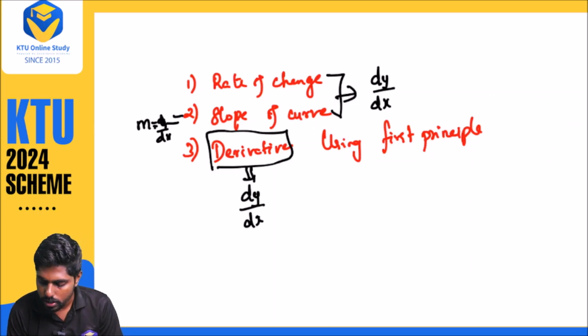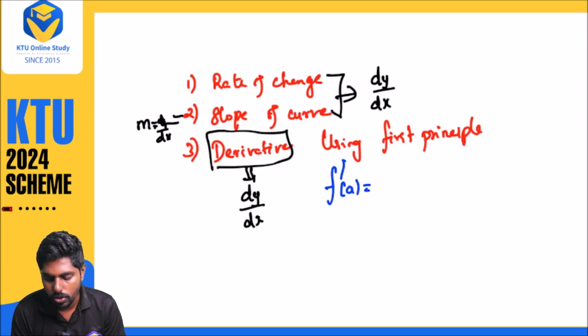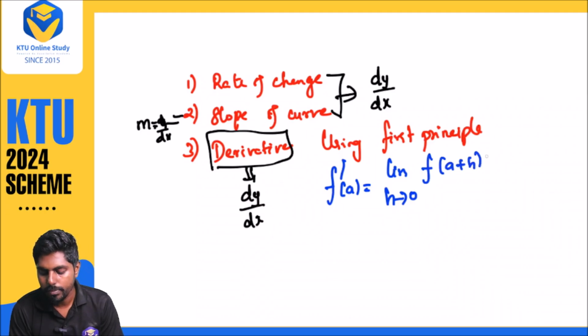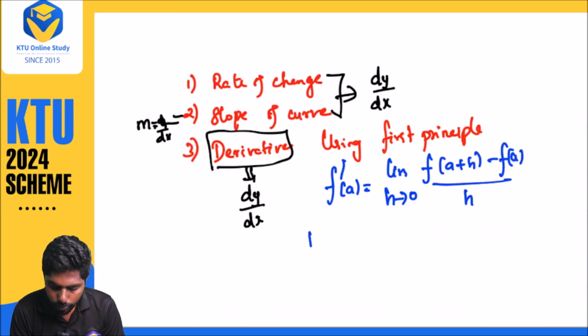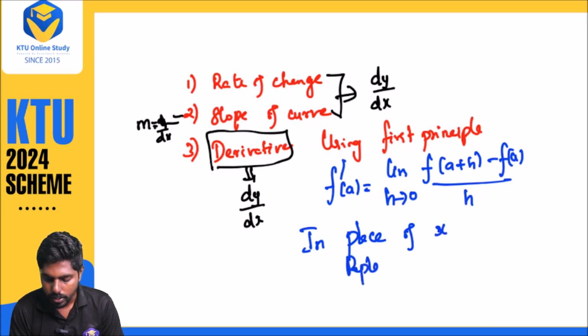Using first principle, what is the formula? That is f dash of a is equal to limit h approaches 0, f of a plus h minus f of a divided by h. In place of x, we will be replacing x by a, and a plus h.